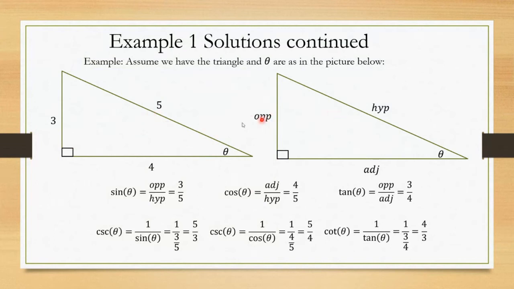Comparing the two triangles, you can see that 3 is opposite, 5 is the hypotenuse. So sine of theta is 3 over 5.